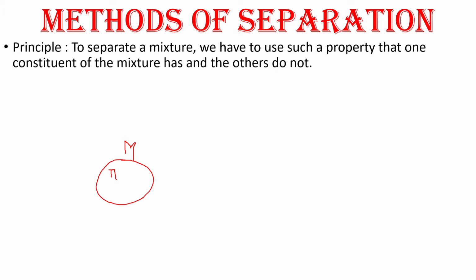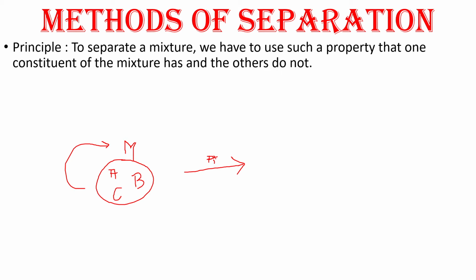A mixture contains many components. Suppose component A, component B, component C. Three components are required to make this mixture. Now I want to separate A from this mixture. I require A from this mixture.